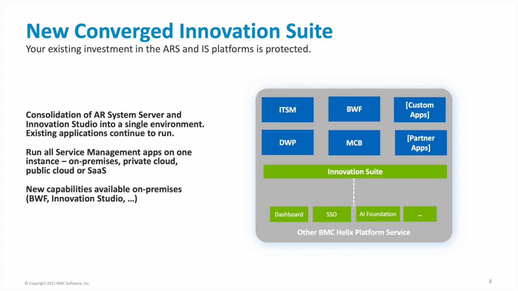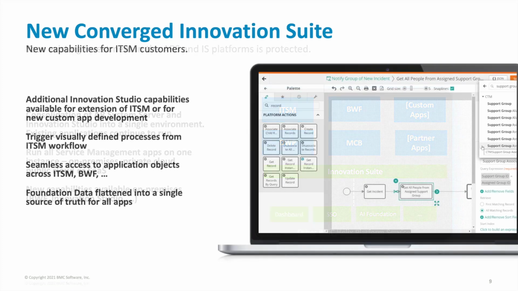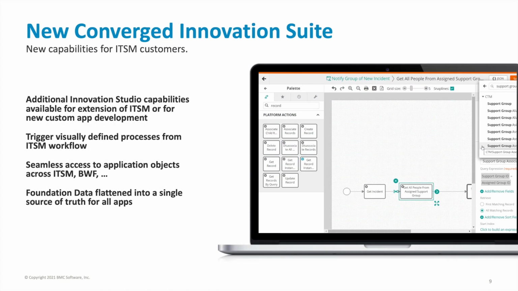So again, significant change in that we merged the AR System and Innovation Studio capabilities together. And for those of you who have access to the underlying platform, for example, as part of your ITSM solution, you will now have additional capabilities available to you, because all these Innovation Studio capabilities are now available to you as platform users.